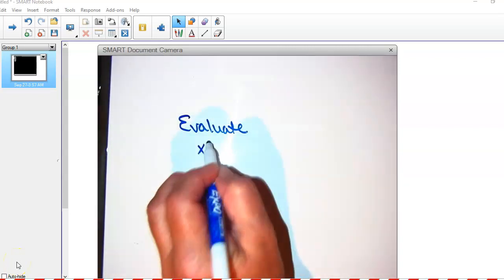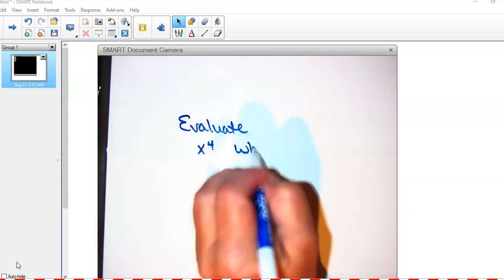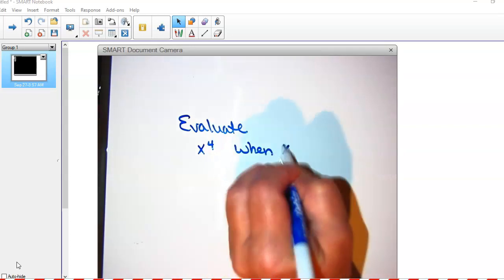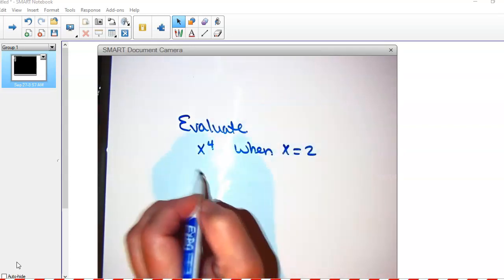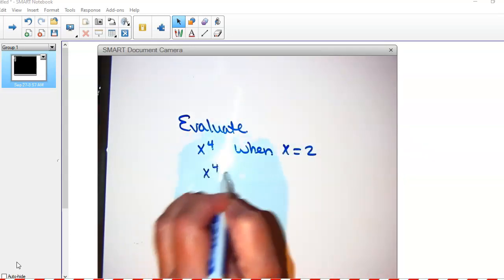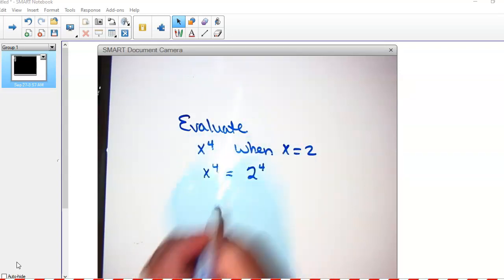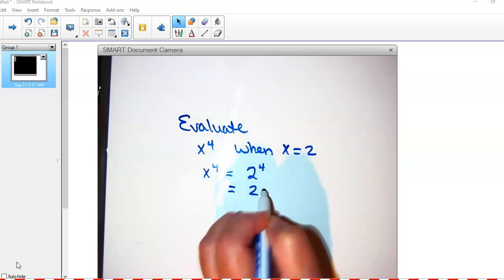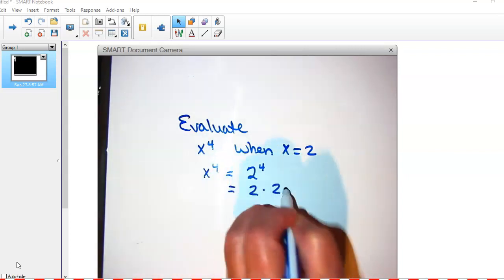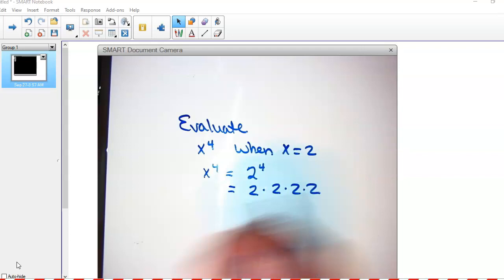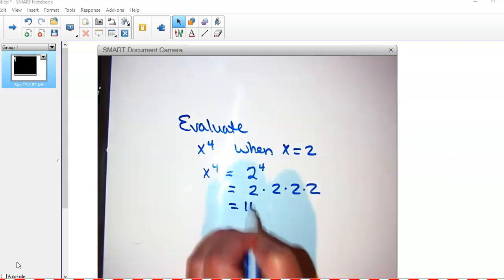So here's our expression, and we're going to say when x is equal to 2. So x to the 4th power is really going to substitute the 2 in, and it's going to be 2 to the 4th power. That means 2 times itself 4 times, once, twice, 3 times, 4 times, and that equals 16.